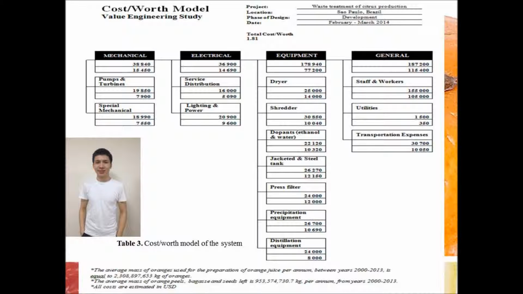$178,940. This includes dryer, shredder, steel tank, press filter, dopants, precipitations, and distillation equipment, whereas the estimated worth value of the equipment is $77,200, which is pretty low compared with the actual outlay. The reason for such a difference could be the quality of the equipment products.